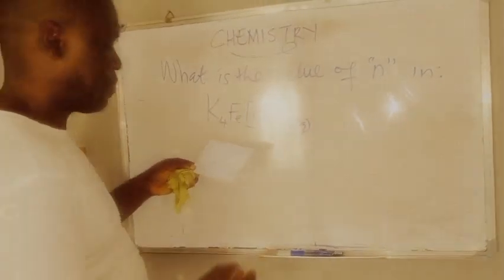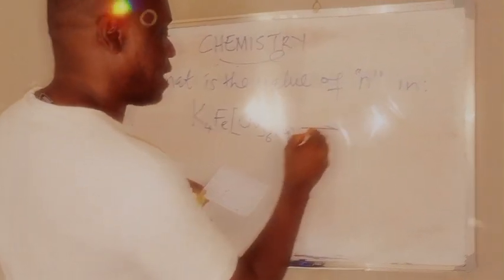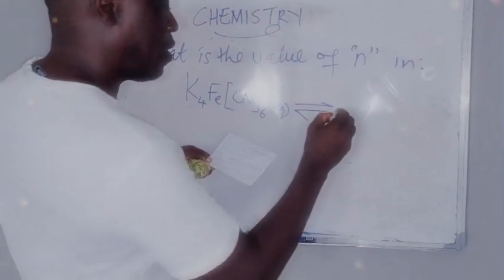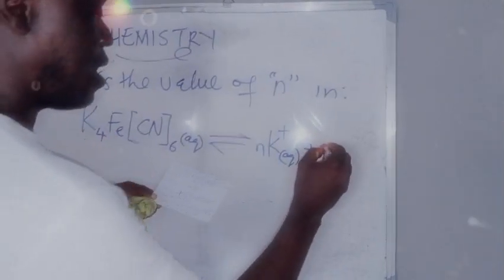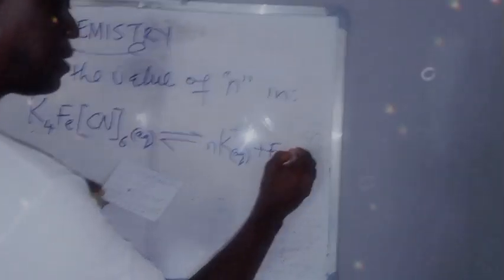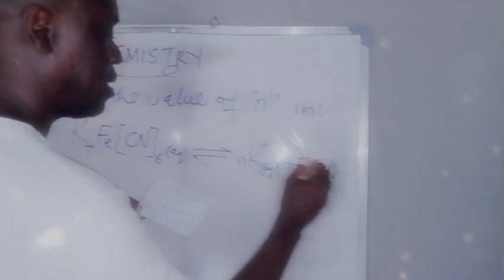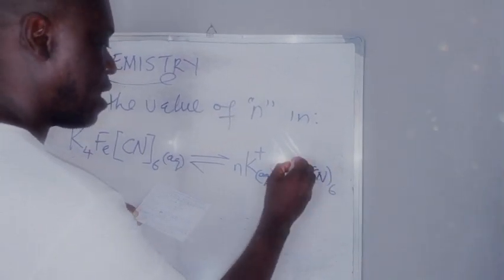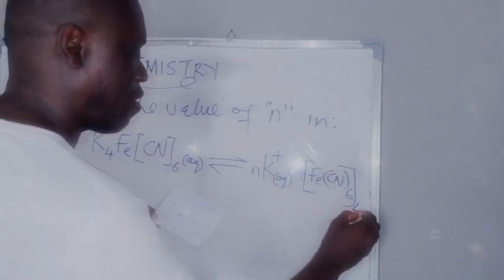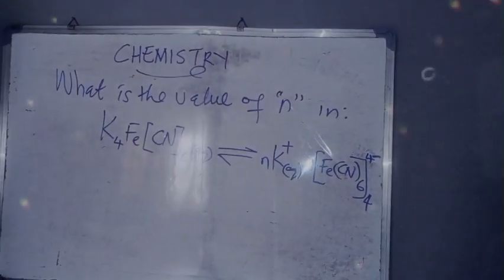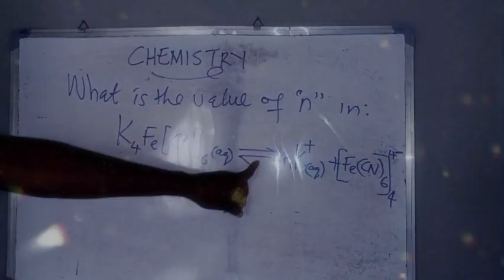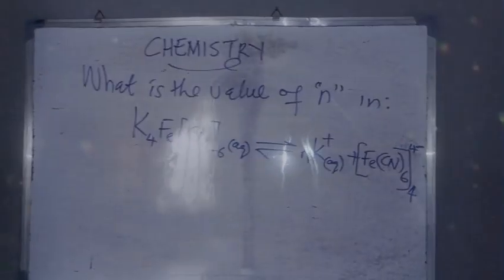Aqueous means in solution form, giving us a reversible reaction of n moles of potassium ion, aqueous, and cyanide ion plus Fe(CN)6, everything in bracket here, again 4, then 4 minus. It's reversible, and for the reversible reaction, that's the symbol. That means this reaction can go both sides, okay?